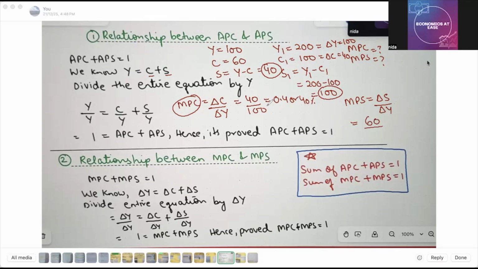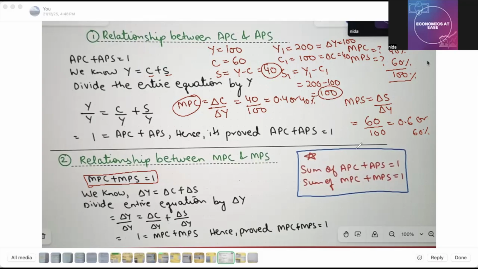Okay, and change in income I have already calculated as 100, so it can be 0.6, okay, or 60%. Now you can see here MPC is 40% and MPS is 60%. That means 100%. Okay, so 100 means that is 1. So it is proved here that MPC plus MPS is 1. Okay, this is a kind of a numerical.